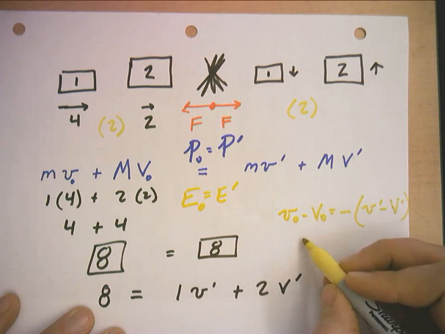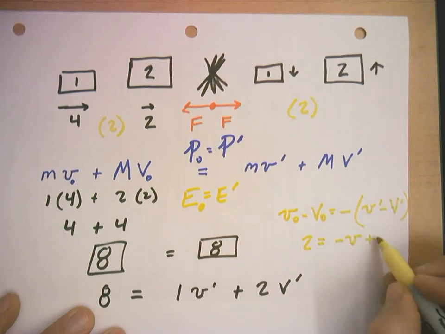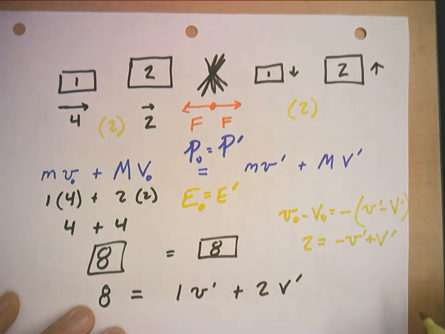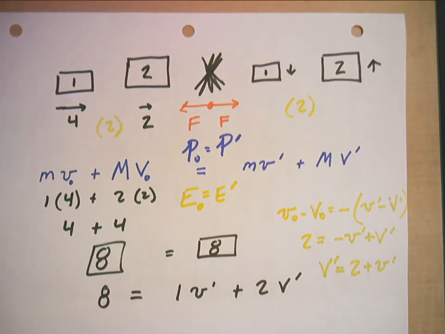So before we said the difference was 2, and then we can distribute that negative, and then we can rearrange this in terms of big V and say 2 plus little v. So afterwards, if we find little v, we know that big V will be faster by 2. That's what we're saying mathematically.